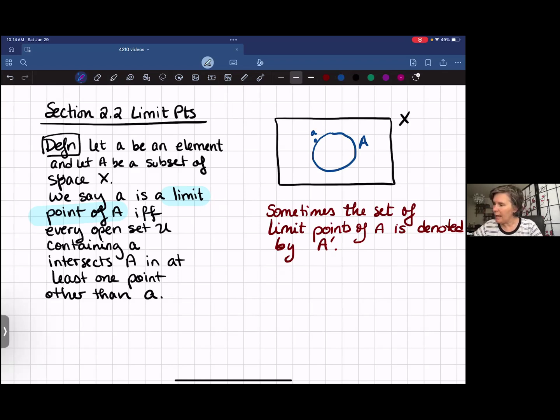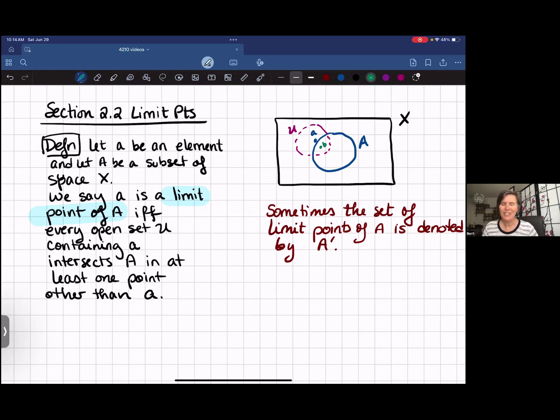And then we say that every open set U containing little a, so any neighborhood that I draw of little a, that's my U, has to contain at least one point other than little a. So there has to be some other point of capital A other than little a. So maybe there's a B right there. Little a might be in capital A, but that wouldn't count.